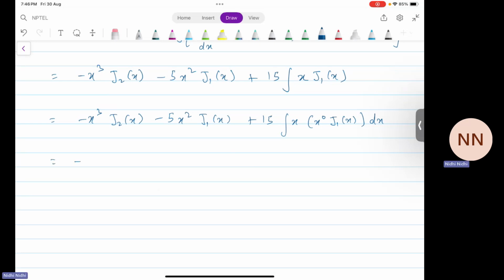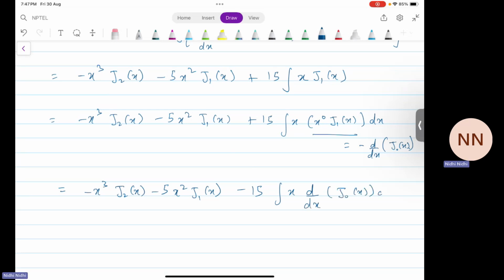which is equal to minus x cube. Now this term is equal to minus d by dx of x to the power 0 J0x. So this is equal to minus x cube J2x minus 5x square J1x minus 15 x d by dx of J0x dx.